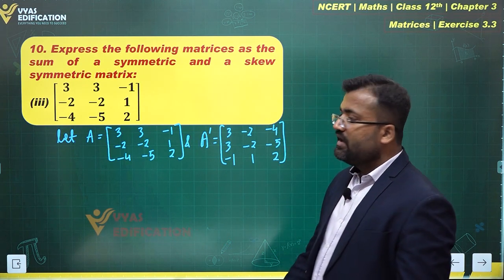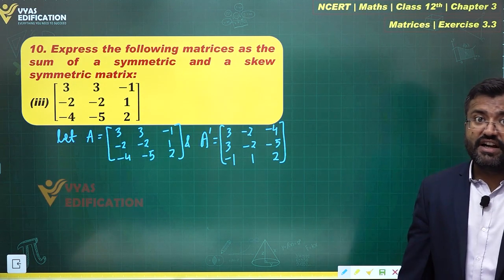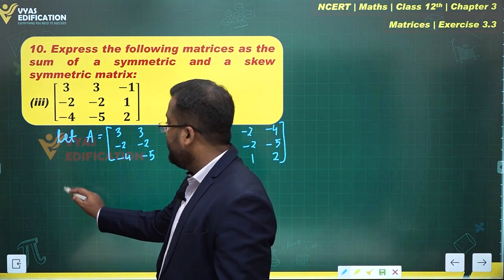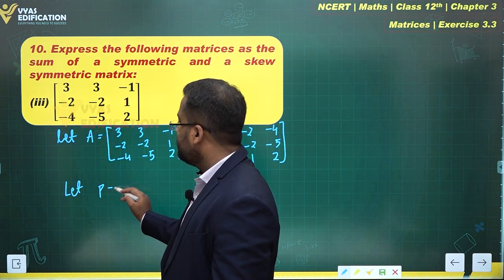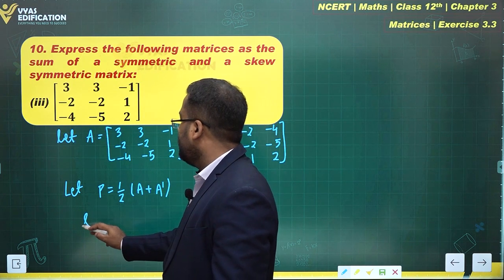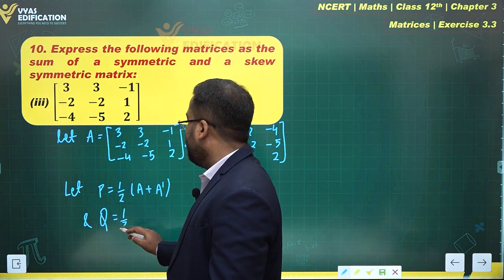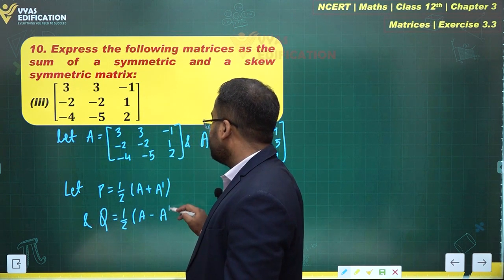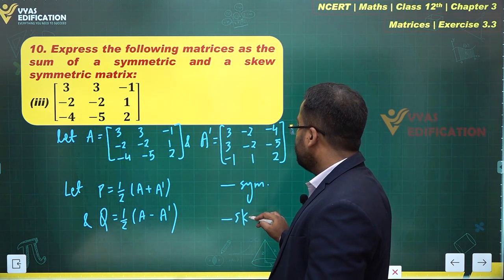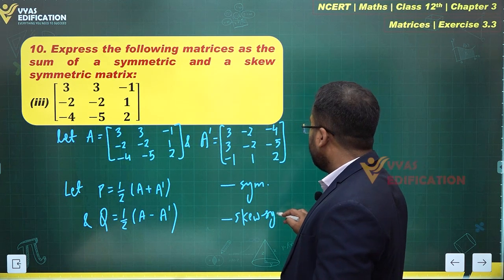Let A equal this matrix and A transpose equal this matrix. Let P equal half of A plus A transpose and Q equal half of A minus A transpose. This will be symmetric and this will be the skew symmetric matrix that we require.